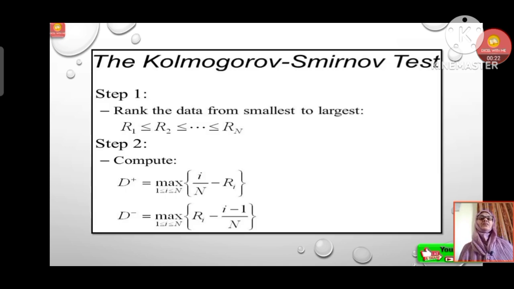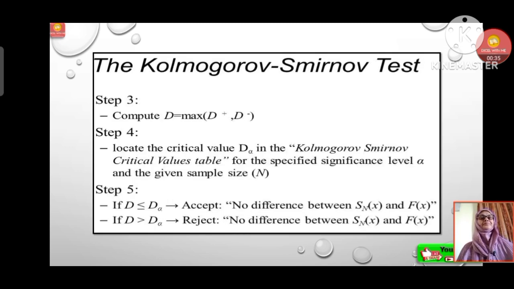We can see the steps for this KS test here. Step 1, rank the data from smallest to largest. Step 2, computation with the formula. Step 3, again computation with the formula. Step 4, locate the critical value d alpha in the KS critical value table for the specified significance level alpha and the given sample size n.